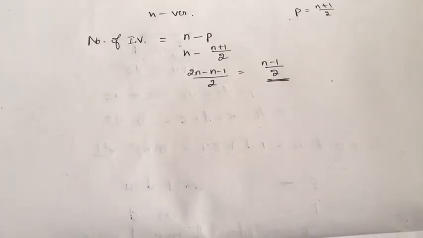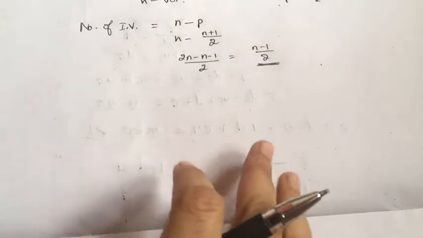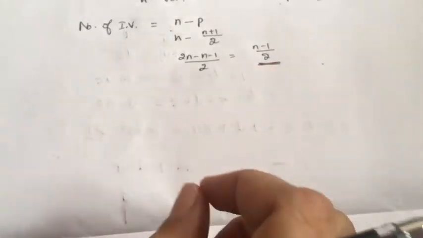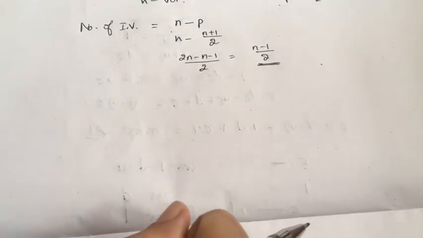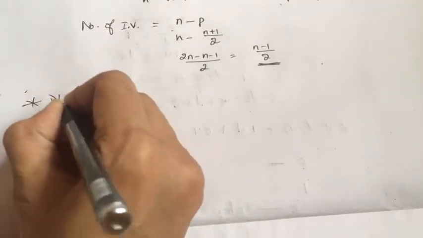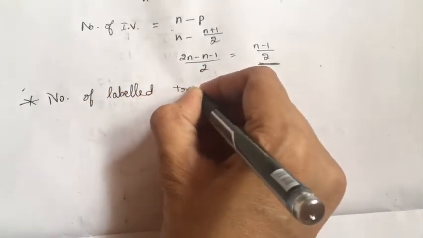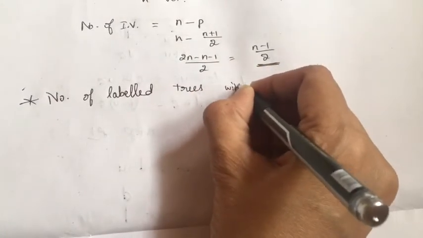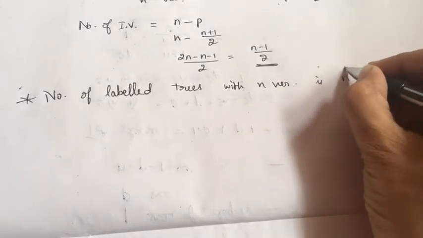And one more type of graph, that is the labeled graph, a graph in which each vertex is assigned a unique name. Just like we are naming the vertices, no? If in any graph all the vertices are labeled or named, then such graphs are called labeled graphs. The number of labeled trees with n vertices is n power n minus 2.